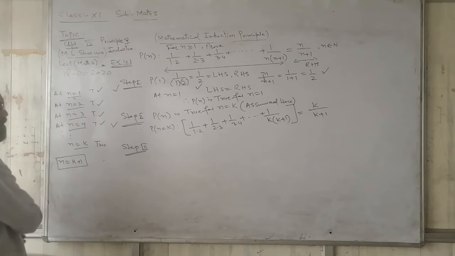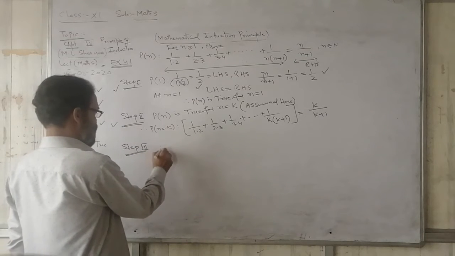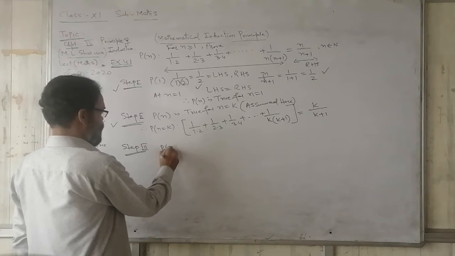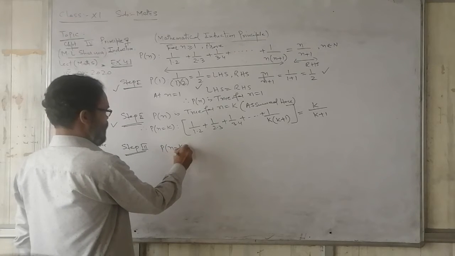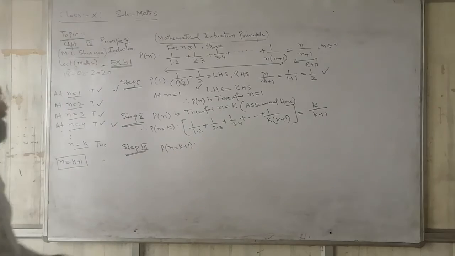This is the final step. So I can write the third step as P of n equal to k plus 1. Now I have to prove this statement should also be true at this n equal to k plus 1.